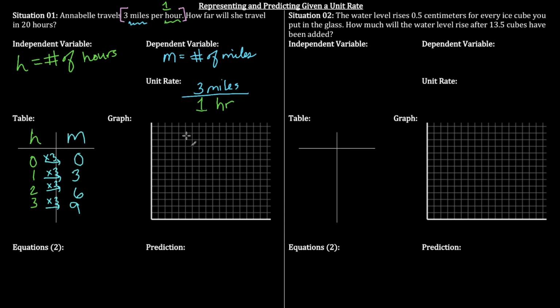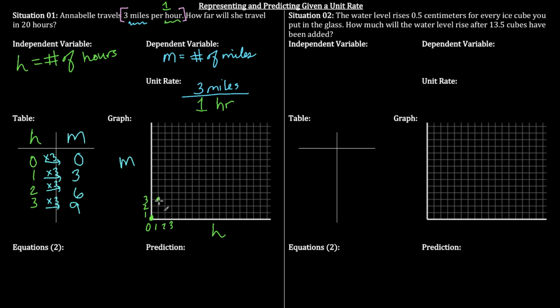So let's look at our graph. We're talking about the number of miles depending on the number of hours. So if Annabelle travels 0 hours, she will have gone 0 miles. If she traveled for 1 hour, she will have gone 3 miles.